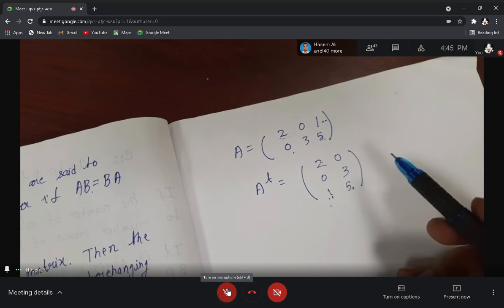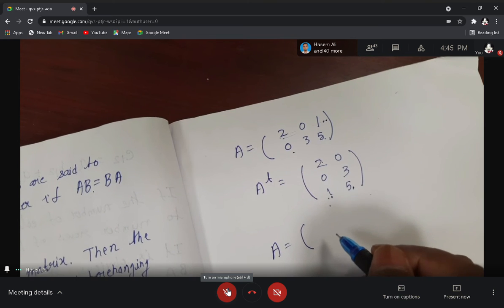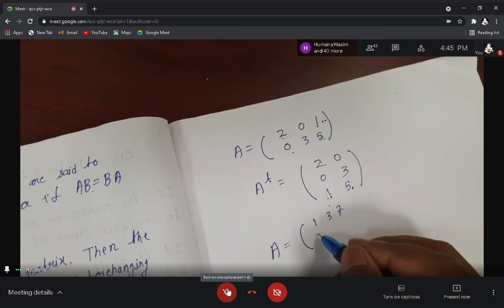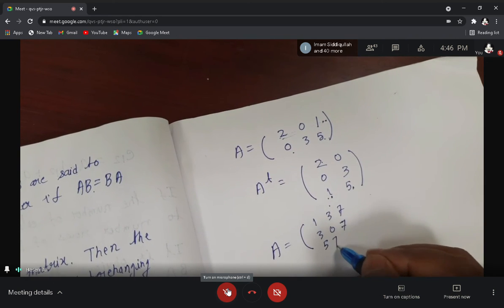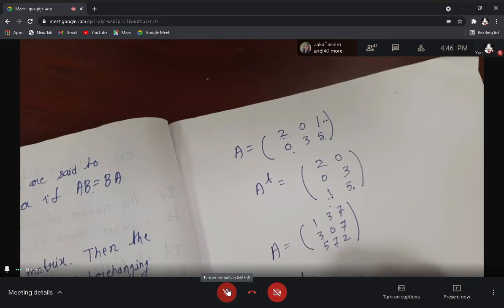Now let A equal to 1, 3, 5, 3, 0, 7, 5, 7, 2. Find A transpose.